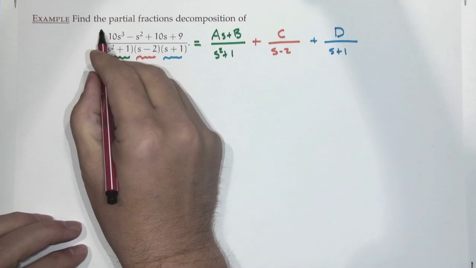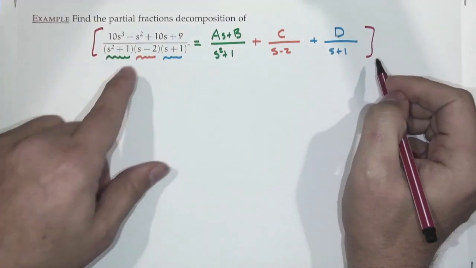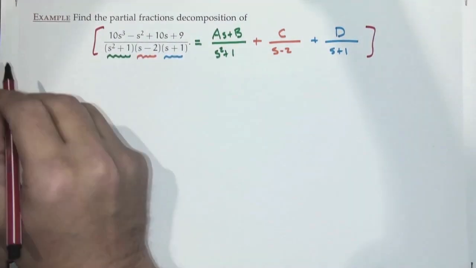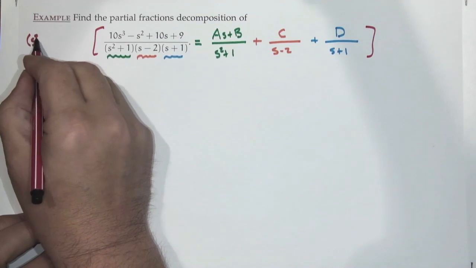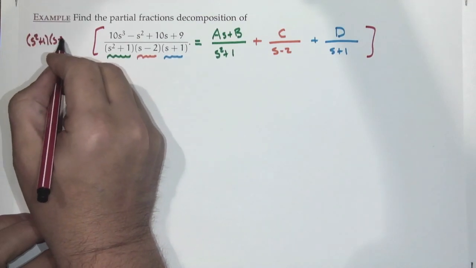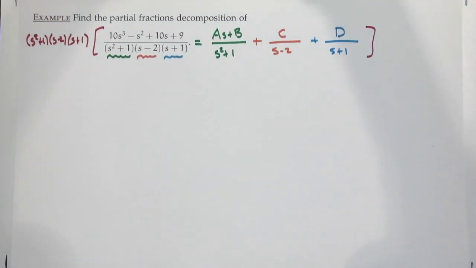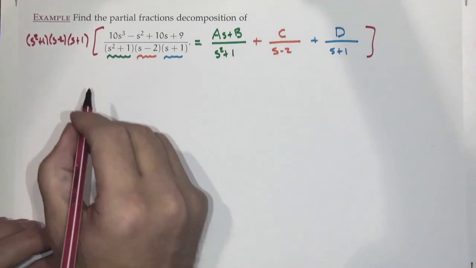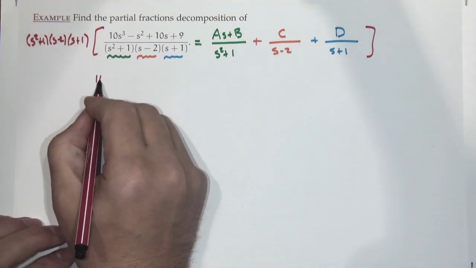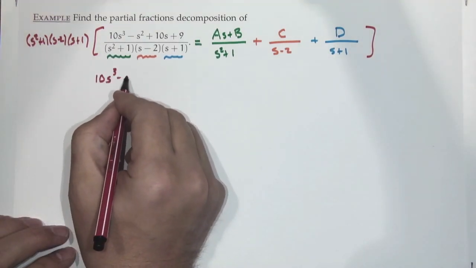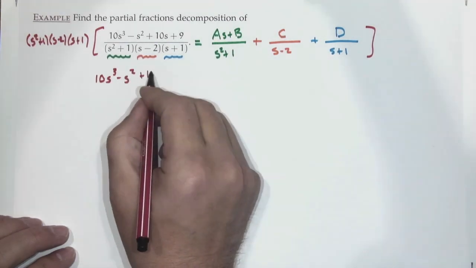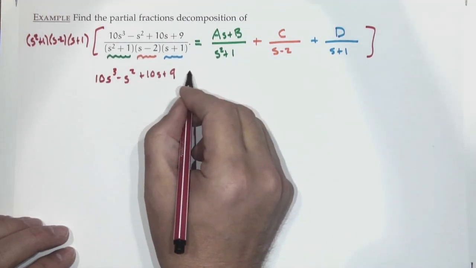Now you might say, well, what do we multiply by? And the answer is whatever the denominator is that you started with. So everything's going to get multiplied by s squared plus 1 times s minus 2 times s plus 1. Everything. Now on the left-hand side, what's left? The numerator. So we have 10s cubed minus s squared plus 10s plus 9.